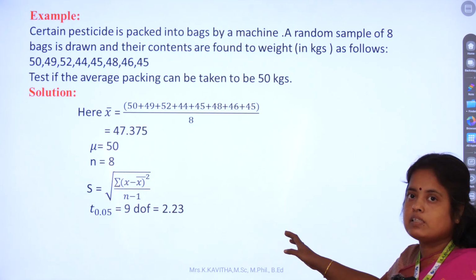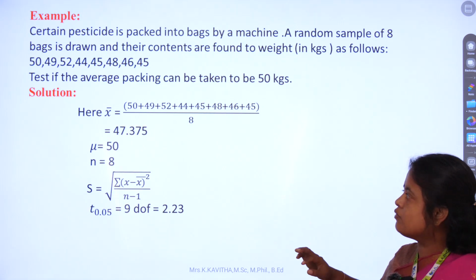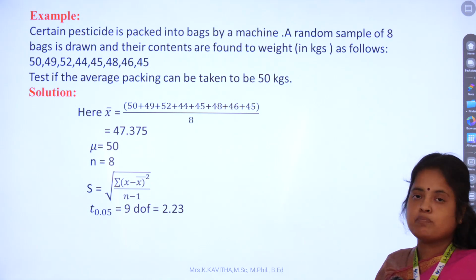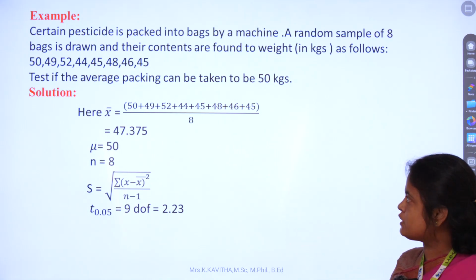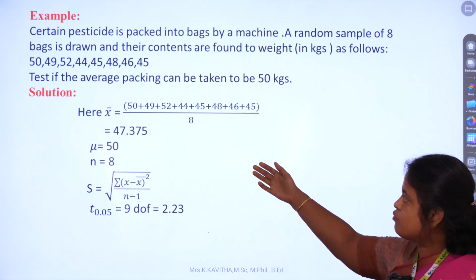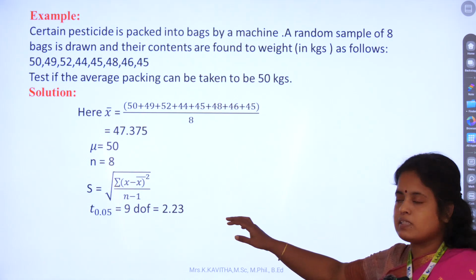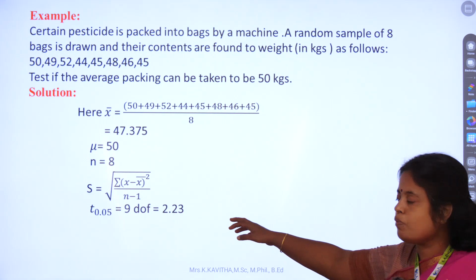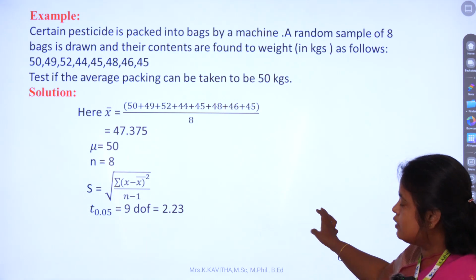Here we have to calculate the sample mean and the sample SD. The formula for the sample mean is x bar equal to the average, summation x by n. With this formula we find the sample mean, and then we find the sample SD, s equal to root of summation x minus x bar the whole square by n minus 1.